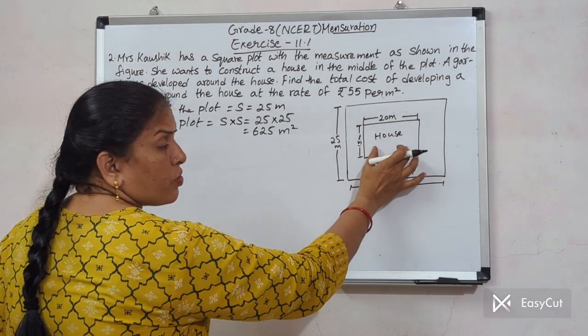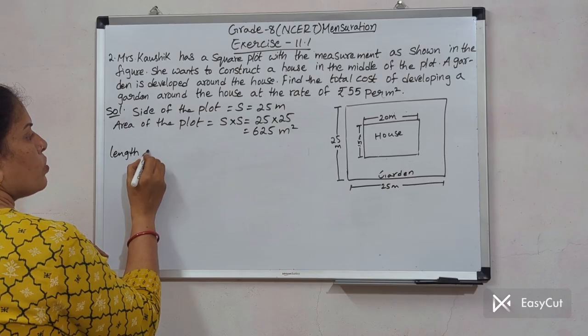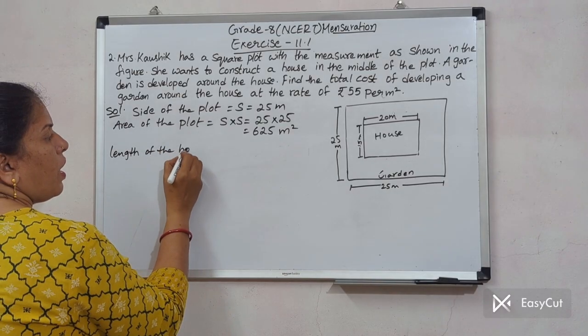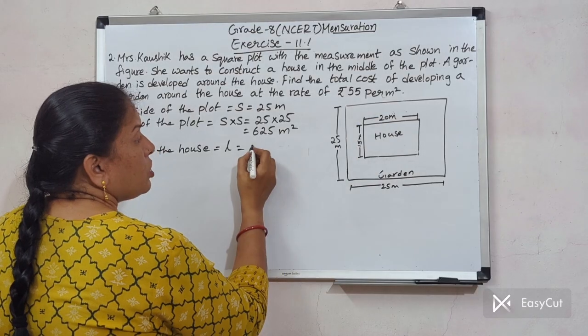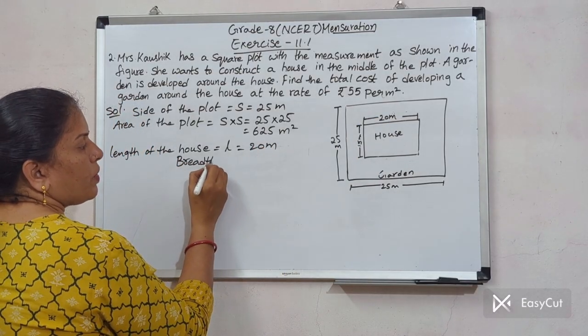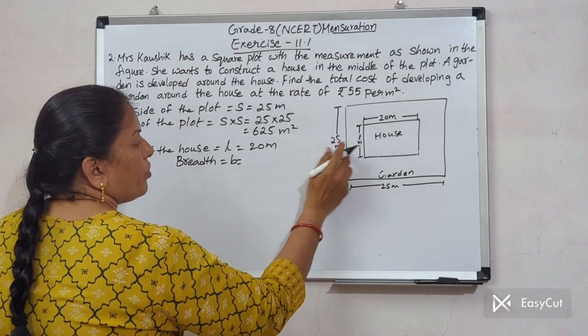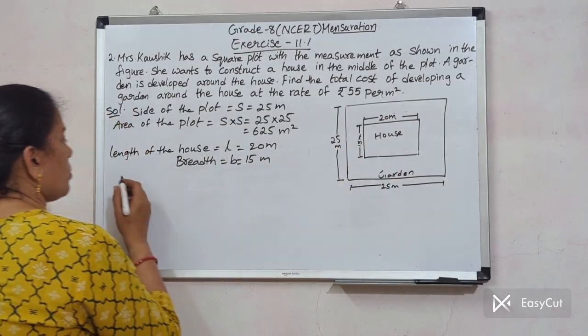Now the area of the house we will find out. Length of the house L is equal to 20 meters. Breadth B is equal to 15 meters. Now area of the house.